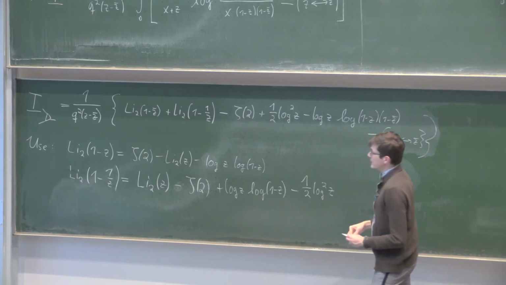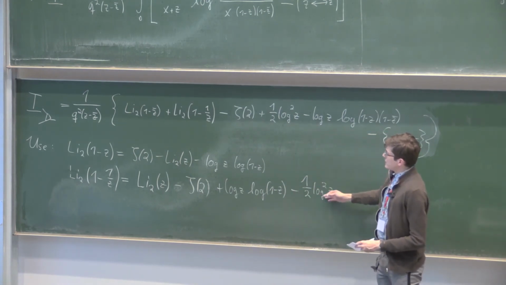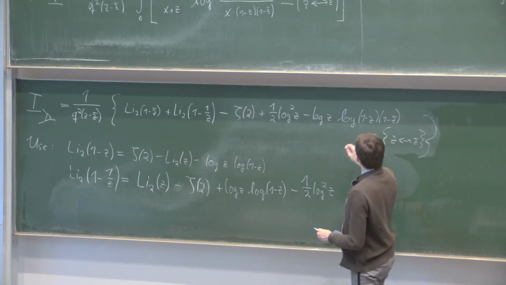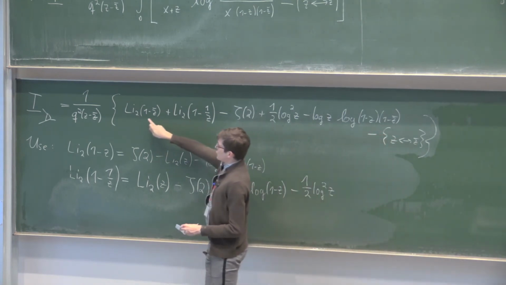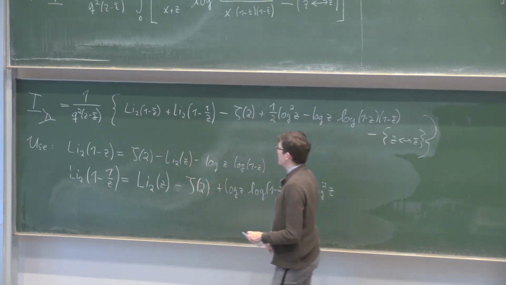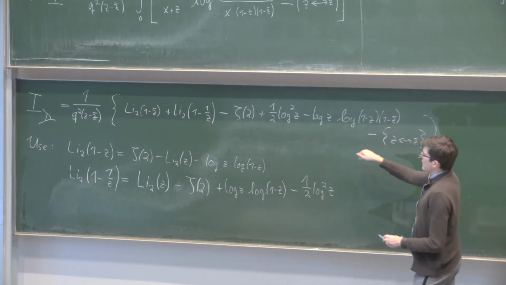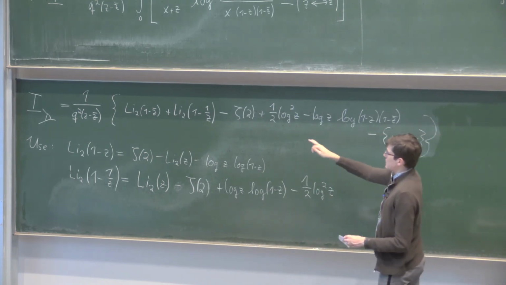There we are. Now you can plug these two identities in here to rewrite these two terms in terms of just Li2 of z and z bar. And then you can swap the sign by using the antisymmetry to replace the z bar by z.